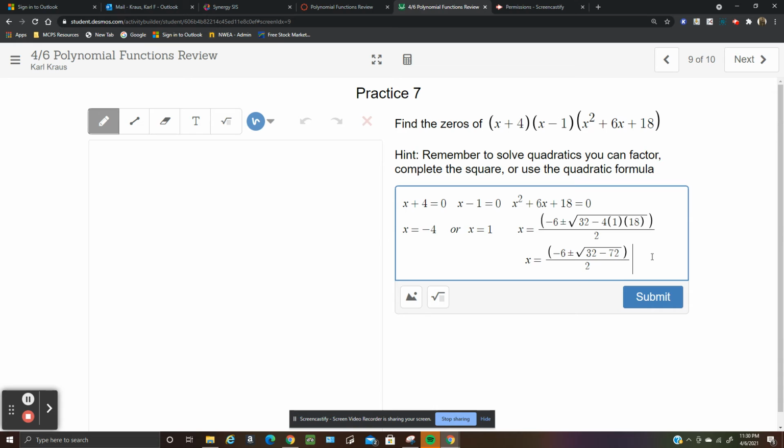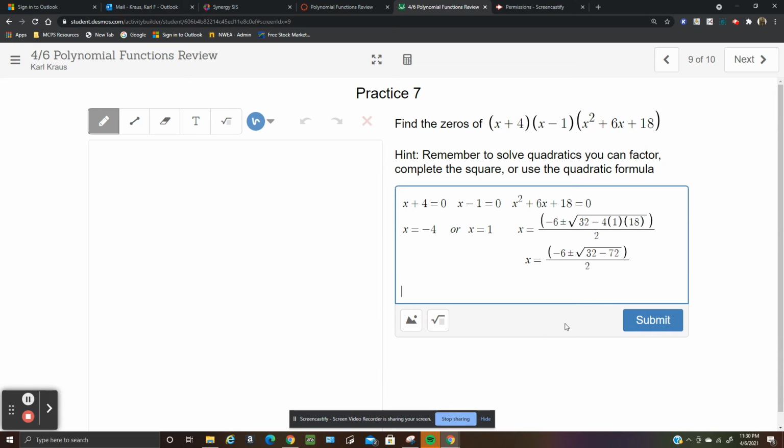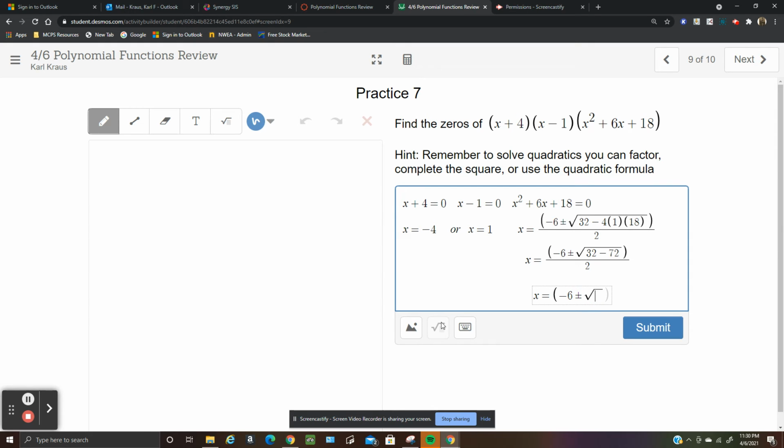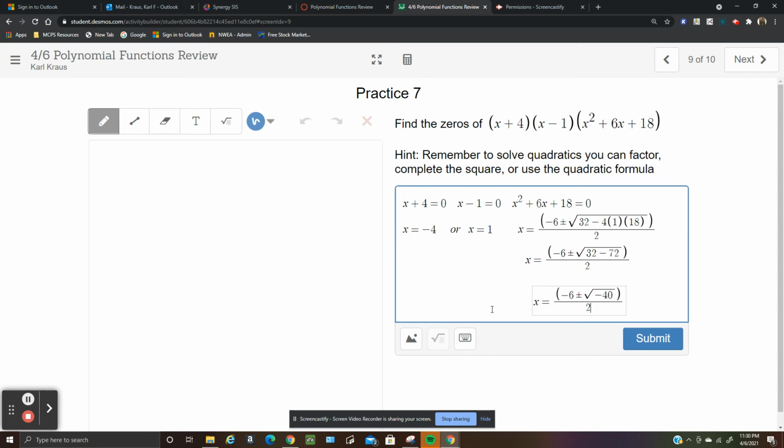And then on the math under the radical, negative 32 minus 72 is negative 40, and divided by 2.